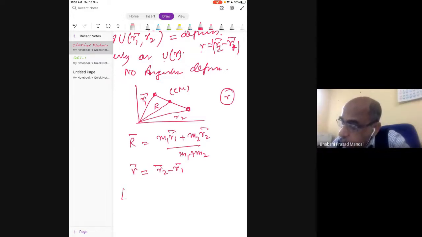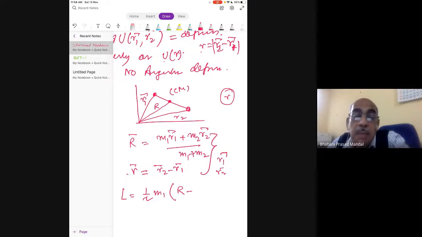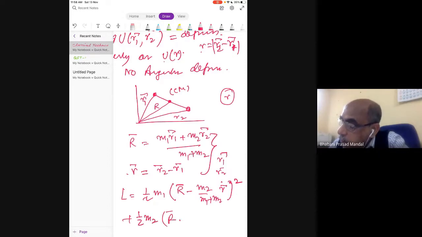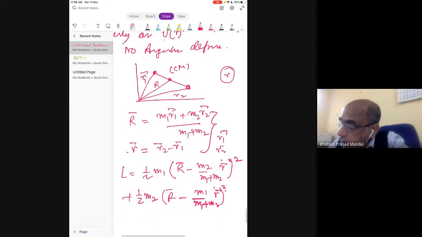If I substitute these two in this Lagrangian, then I'll get half m1, and if you solve for r1 and r2, it will become R minus m2 over (m1 plus m2) r vector, dot, whole squared, plus half m2, R vector, the center of mass coordinate, plus m1 over (m1 plus m2) r vector, dot, whole squared, minus U. It's supposed to be U(R, r), but since I said it depends only on r, it will be U(r).